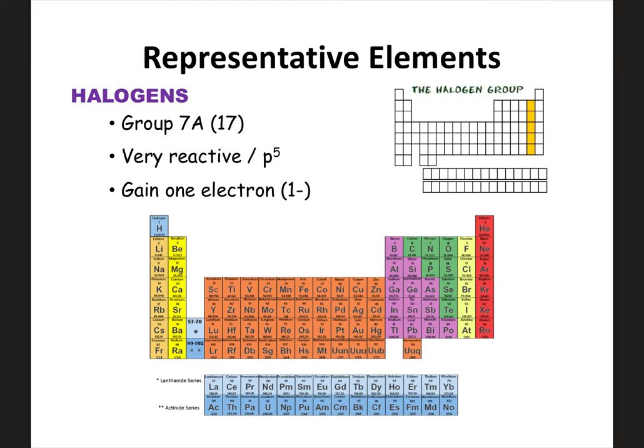The next group of representative elements we're going to talk about are the halogens. If you notice, I skipped a couple of these representative element columns: the boron group, carbon group, nitrogen group, oxygen group. Basically, they are generic groups. They don't get a special name, like the alkali metals or the alkaline earth metals, and now the halogens.